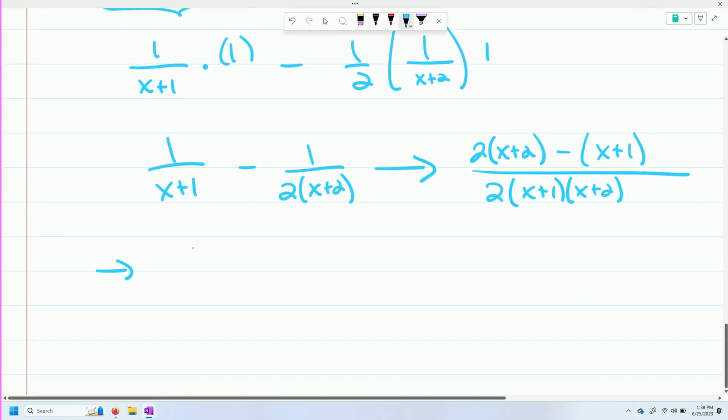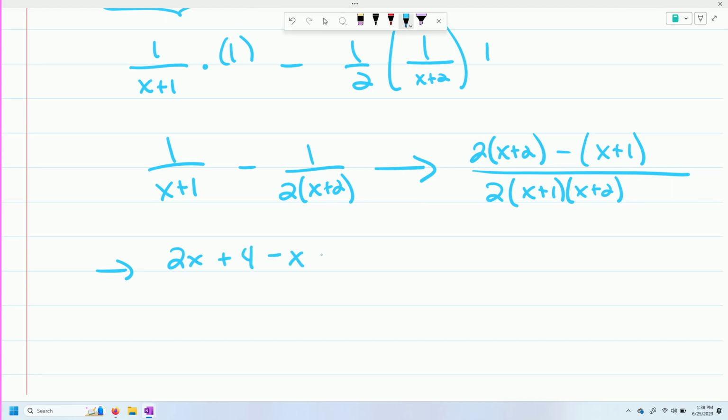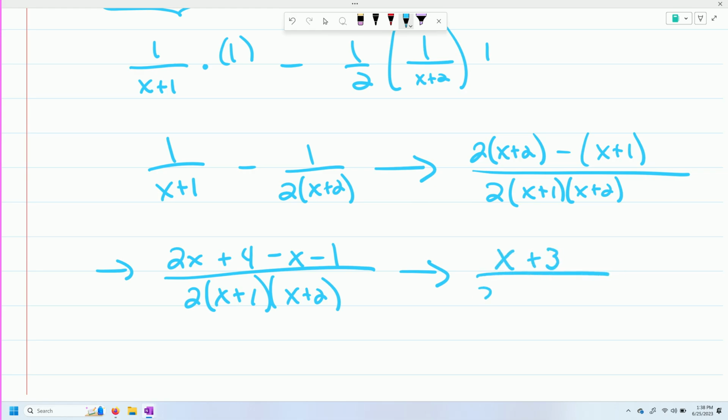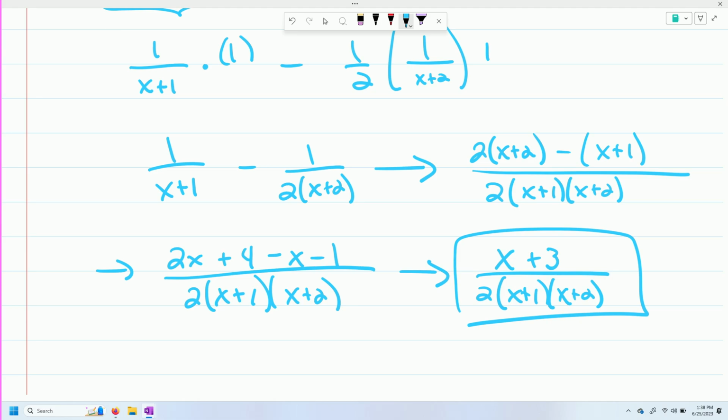And that's going to give us 2x plus 4 minus x minus 1 all over 2 times the quantity x plus 1, times the quantity x plus 2. And finally, 2x minus x is x. 4 minus 1 is positive 3 all over our denominator, and it's the same exact answer.